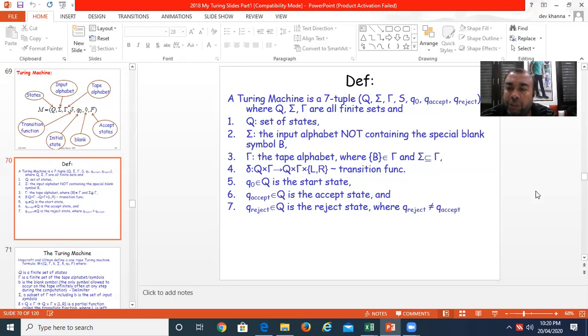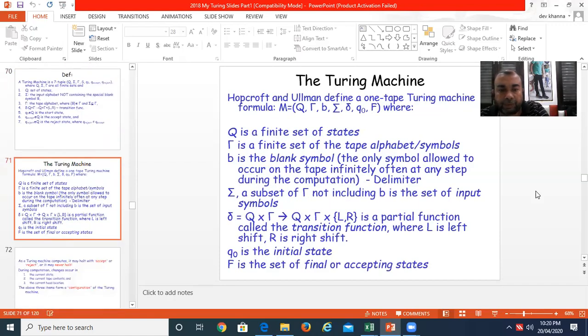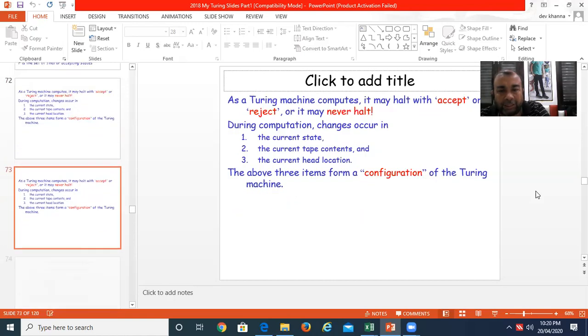Sometimes they also want the instantaneous description, ID, that we have also seen in the case of one stack PDA. You remember that. Okay. This is the theory we have already discussed. Nothing new.